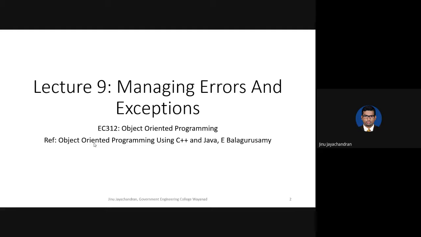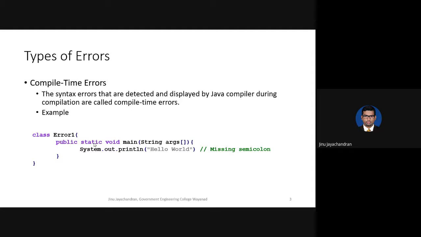Your program should run anyway, whether the exception occurs or not. If an exception occurs, usually the program will crash, but you should be able to dynamically or automatically find the exception in your program, rectify it, and move forward without stopping the program. So how will you do this? That is where managing errors and exceptions comes in.